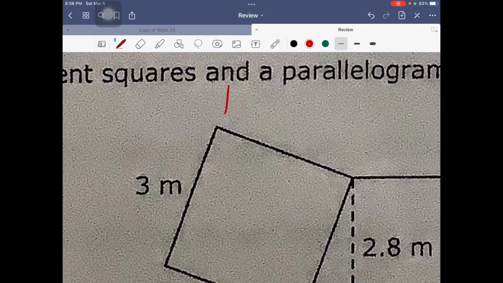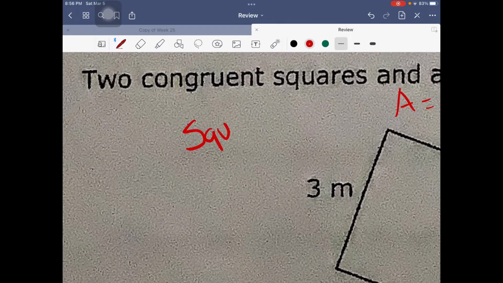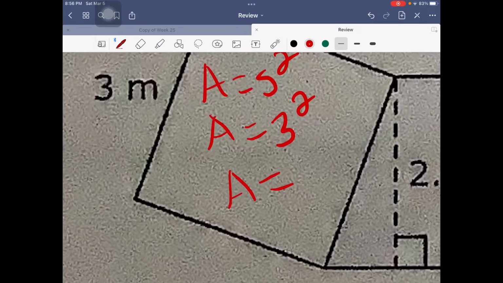Now, what's the formula we're going to use for area of a square? A equals S squared. So just to help you remember, S squared, S squared. So that's the formula. So what's my side here? 3. What does 3 squared mean? 3 times 3. What's 3 times 3?